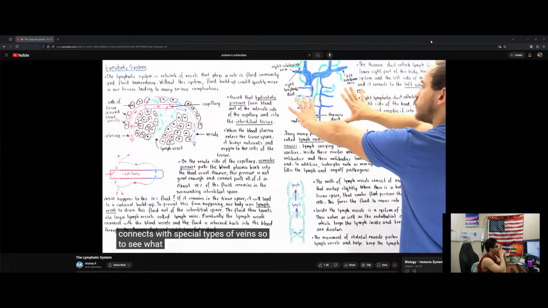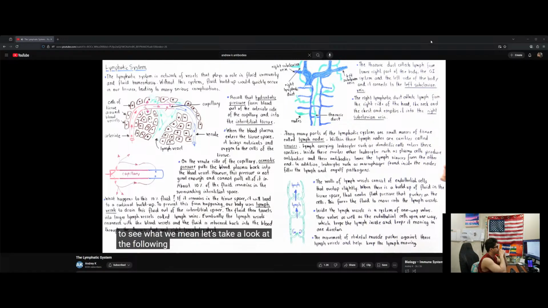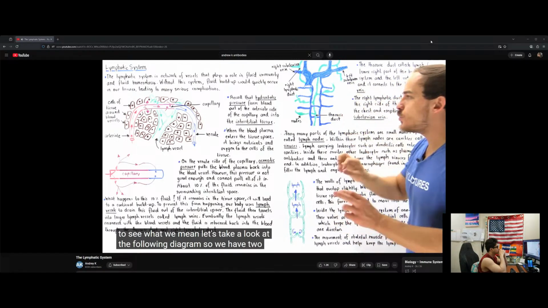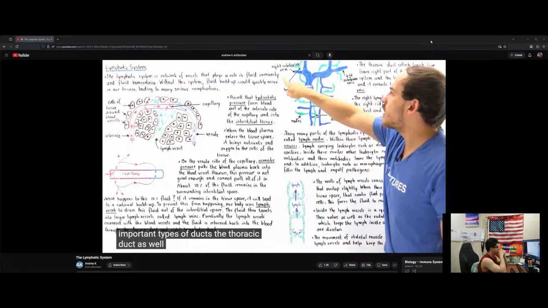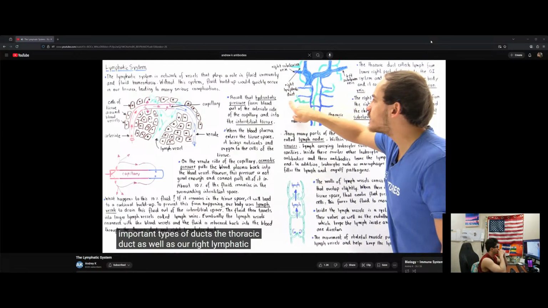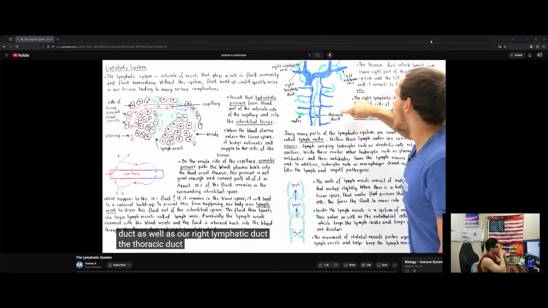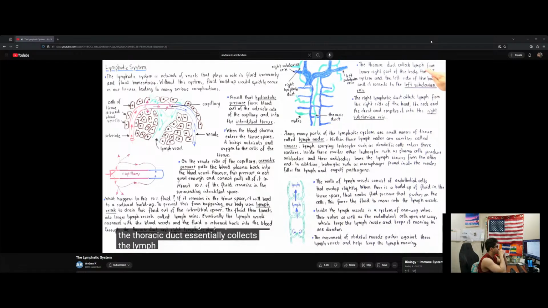So to see what we mean, let's take a look at the following diagram. So we have two important types of ducts, the thoracic duct as well as our right lymphatic duct. The thoracic duct essentially collects the lymph from the lower right part of the body, from the GI system, and from the left side of the body, the entire left side of the body, and it connects with our circulation system via the left subclavian vein.